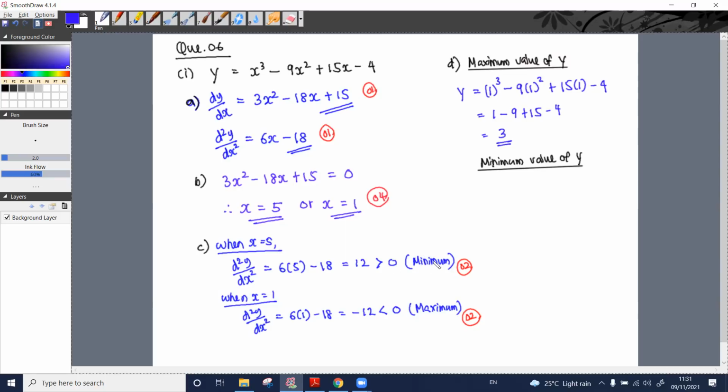So our curve is at its minimum point when x is equal to 5.